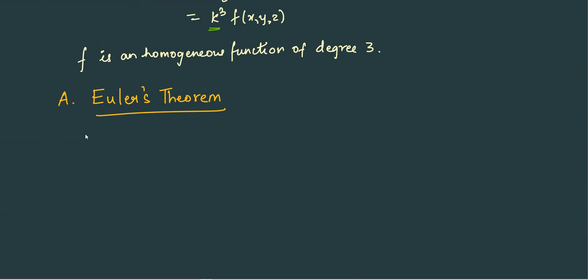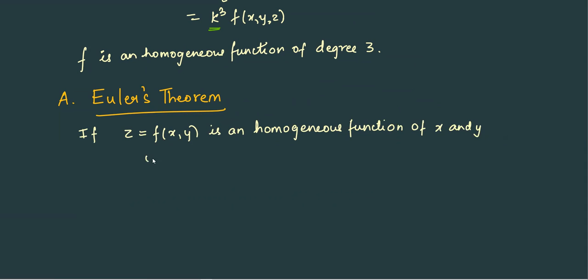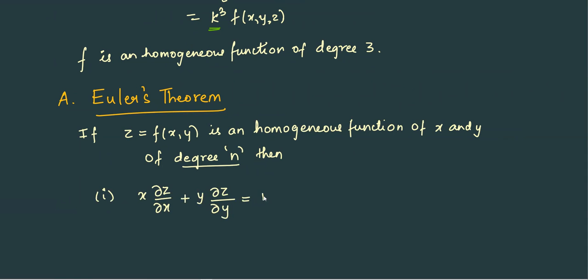Now for a function of two variables, if z equal to f of x comma y is a homogeneous function of x and y of degree n, then x times dou z by dou x plus y times dou z by dou y is equal to n times z. This is the Euler's first theorem.